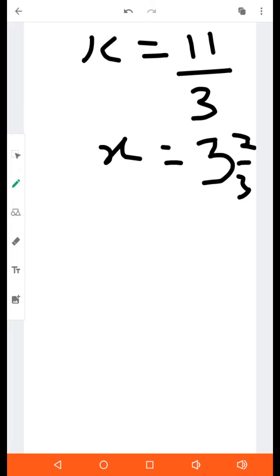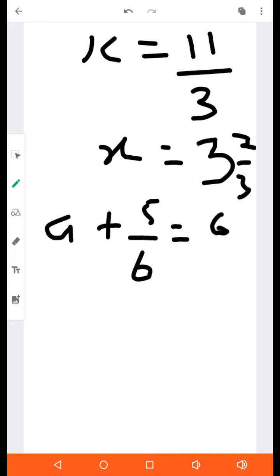Let's look at a, plus 5/6 is equal to 6/6. So we need to look for the additive inverse of 5/6, which is negative 5/6, and add it to both sides.